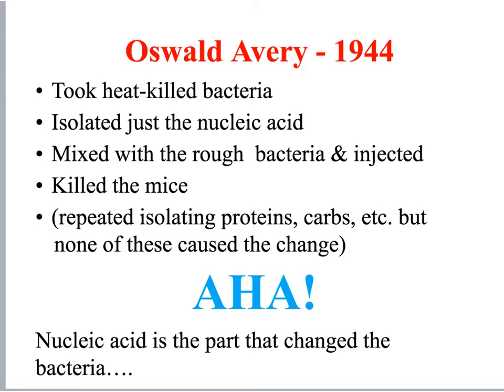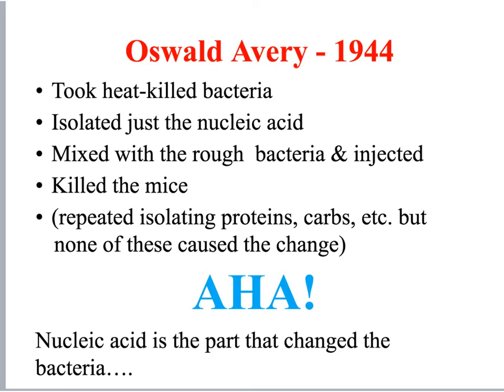All right, so Oswald Avery. Oswald Avery is another scientist who piggybacked on the other experiment with dealing with mice, okay? The transformation process. So Oswald Avery also worked with heat-killed bacteria. And again, they were trying to figure out what was the transforming principle.